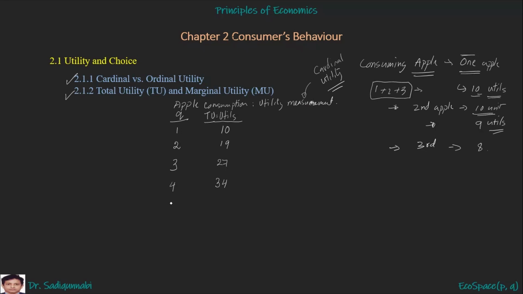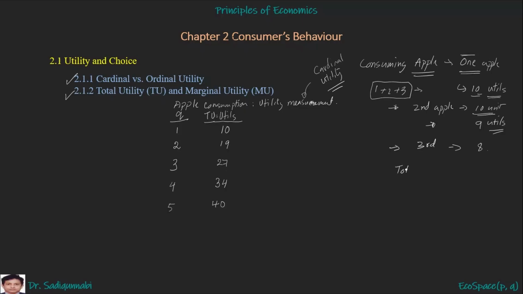When you are adding an extra apple, it is not 50, maybe it is 40. So that is the total utility. That means from 1 apple, 10 utils, 2 apples, 19 utils, 3 apples, 27 utils, 4 apples, 34 utils, 5 apples, 40 utils. So this is called total utility.